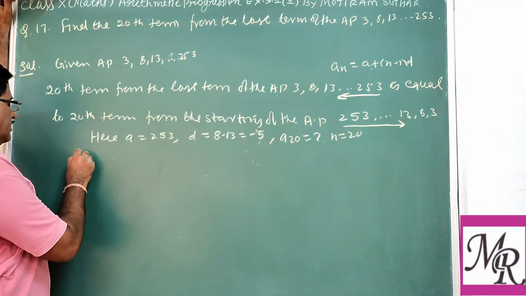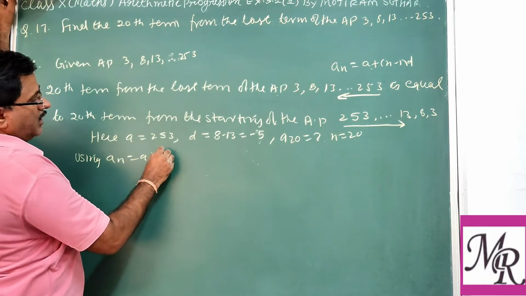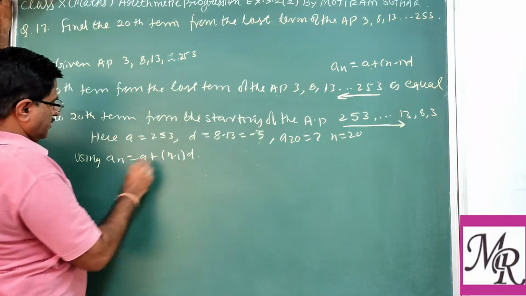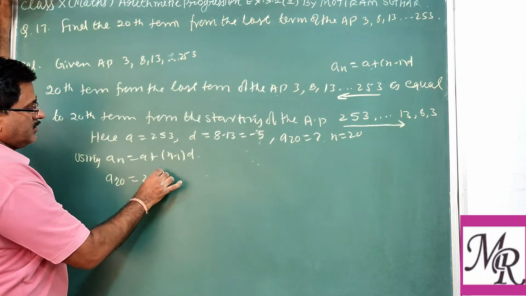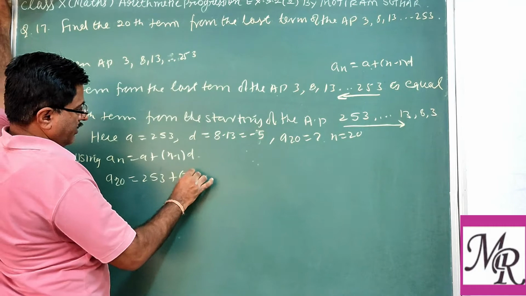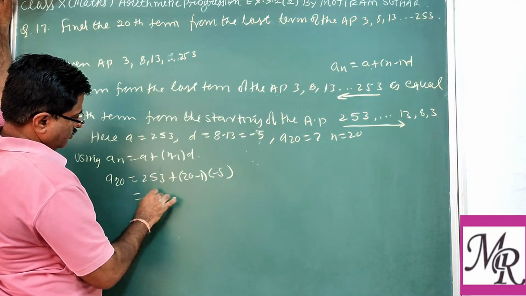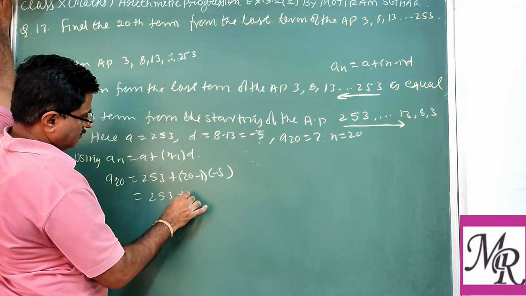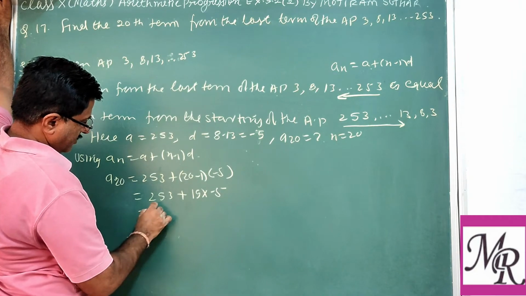Using an equals a plus n minus 1 into d, where n is 20, a is 253, n minus 1 is 19, and d is minus 5. So 253 plus 19 into minus 5.